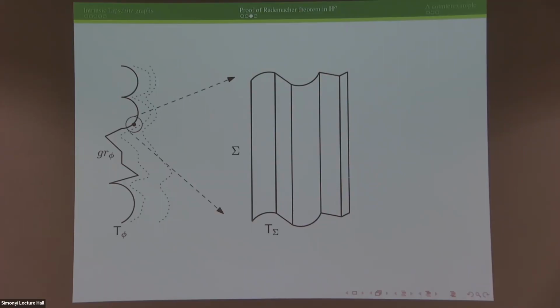If you accept this magic, now we are almost done. Why? Because it's fairly easy to prove that whenever you have an intrinsic Lipschitz object, and sigma being the limit of dilation of intrinsic Lipschitz graph is itself an intrinsic Lipschitz graph, which is also vertically invariant, then it's Euclidean Lipschitz, as in this picture.